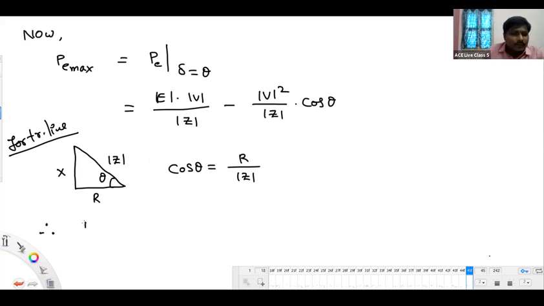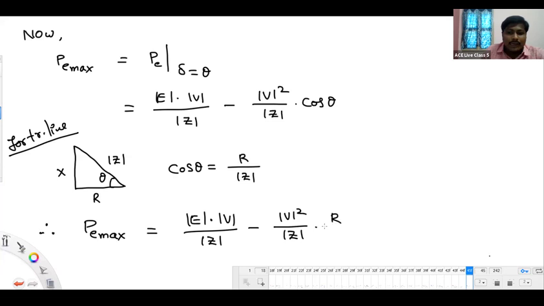Therefore, the PE max equation can be rewritten as mod E mod V by mod Z, minus mod V square by mod Z into R by mod Z. Next slide.